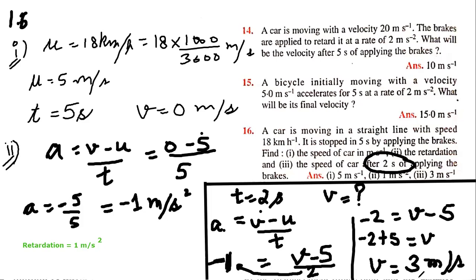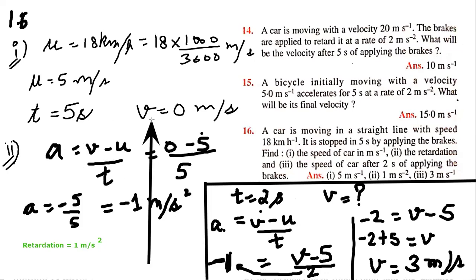So that is your answer for the final velocity. Here, why have we taken 2 seconds? Because in the question they are asking to find the velocity after 2 seconds, while the acceleration will remain the same. We will not change the acceleration. Acceleration is minus 1 only.